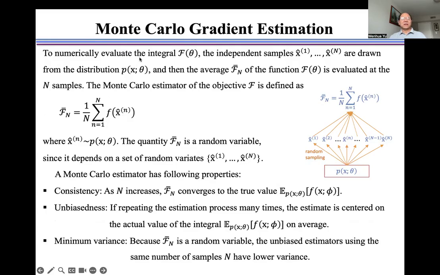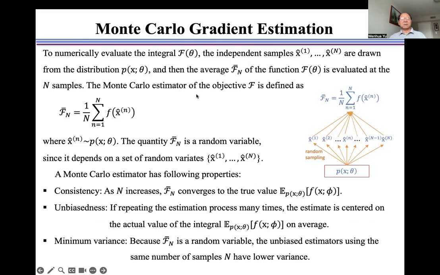To numerically evaluate the integral f, the independent samples x1 to xn are drawn from the distribution P. And then the average Fn of the function f is evaluated at n samples as shown here.